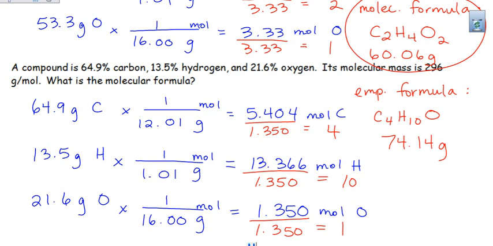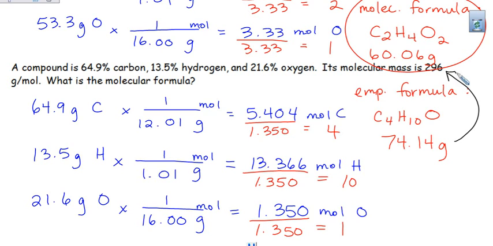If its molecular mass is 296 grams per mole, what is the molecular formula? So again, like this time, I don't know, I mean the last one was 30 to 60, so I knew that off the top of my head. If you're not so familiar, just divide them.